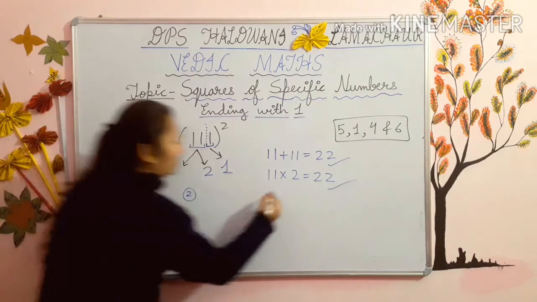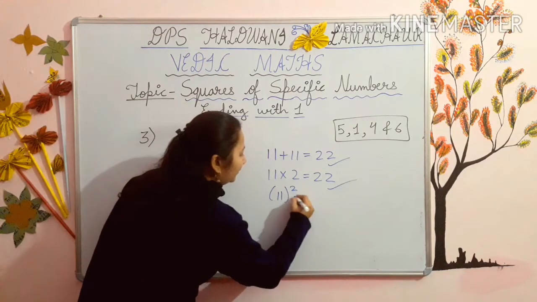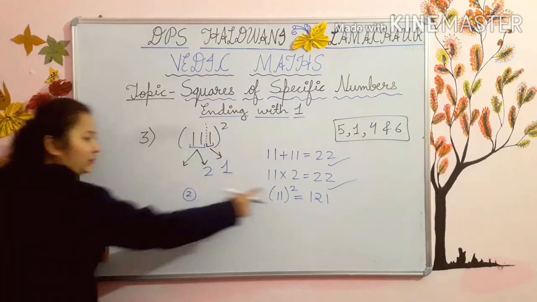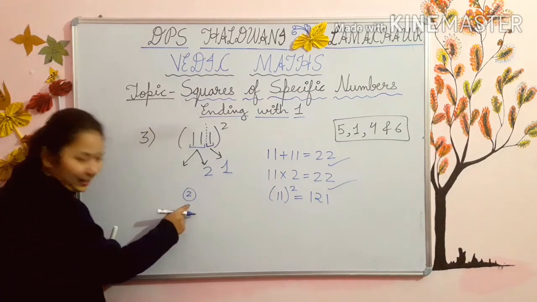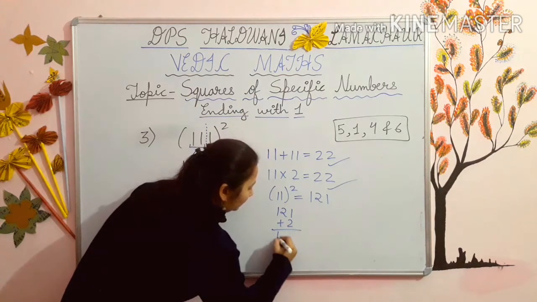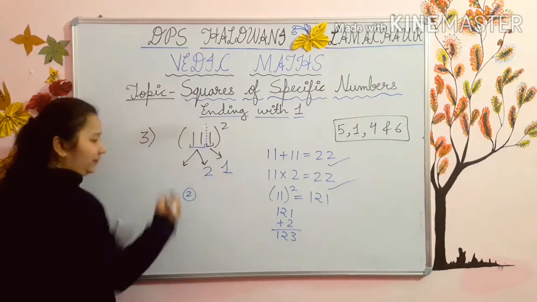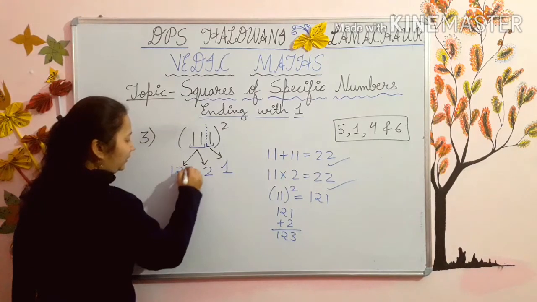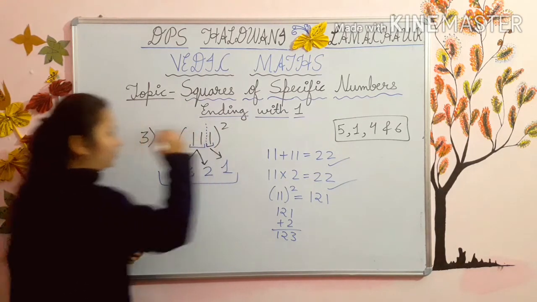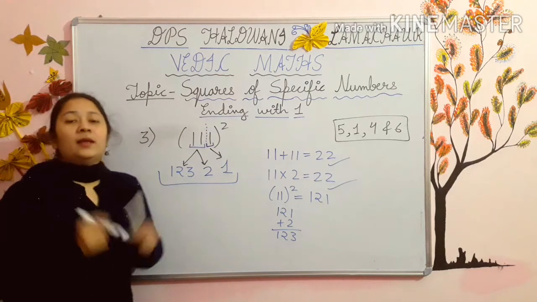Now what is the square of 11? It's 121. So add 121 plus carry 2. So it's 123. So here is 123, and remove the carry. So this is the square root of 111.